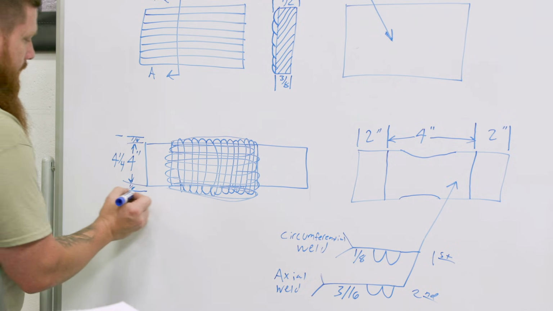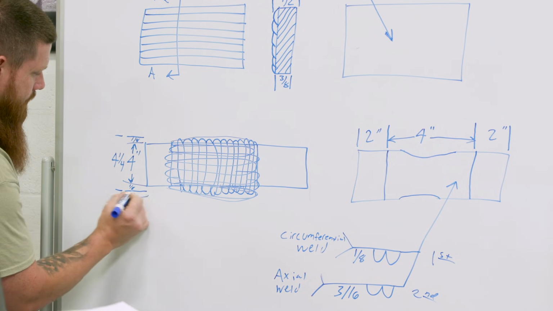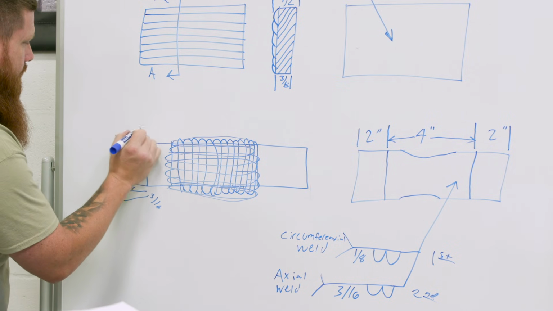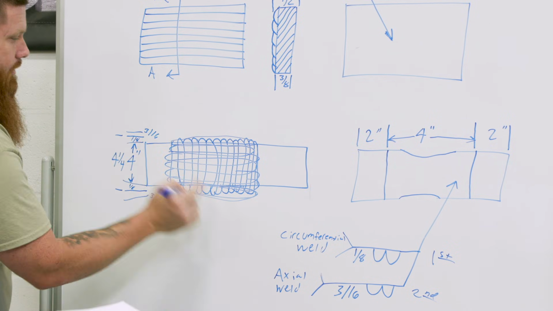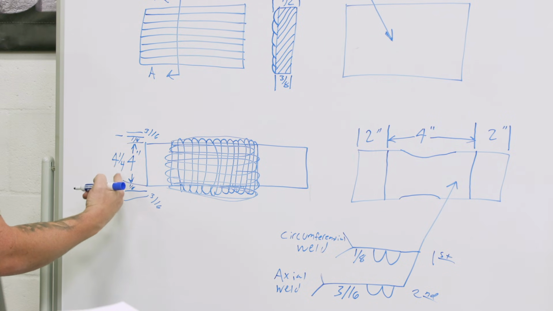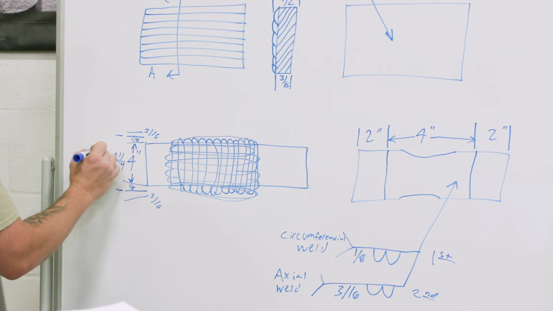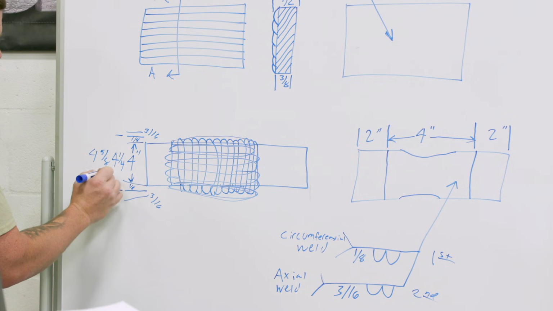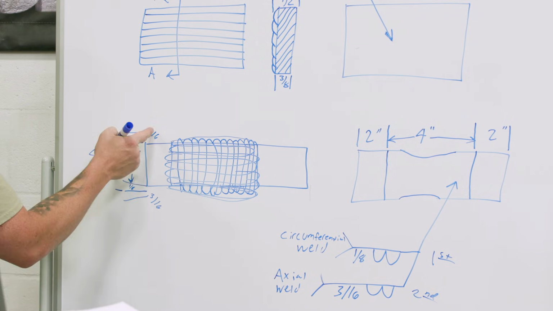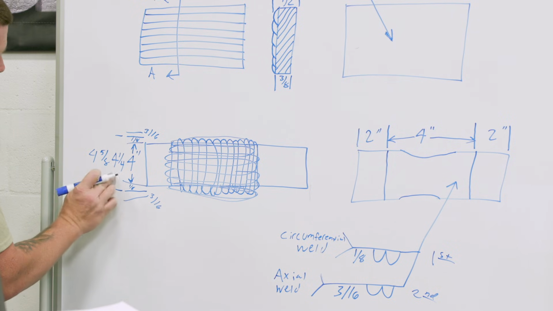So now we have an additional 3/16 and then an additional 3/16, right? So that gives us a total of 3/8. We're at 4 1/4 here, so now we're up to 4 5/8. We have a 1/4 inch plus 3/8 overall for the 3/16 and 3/16. So we're up to 4 5/8 now.